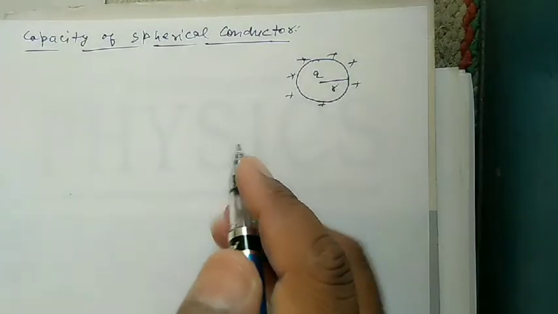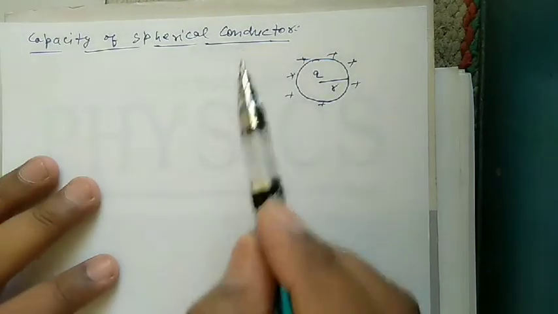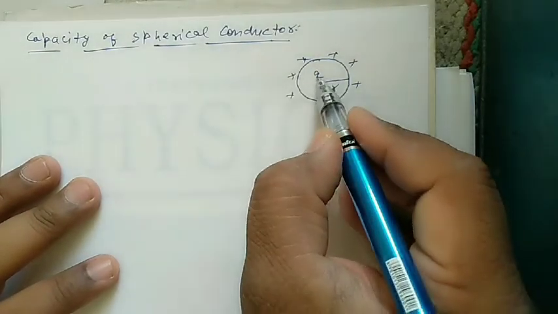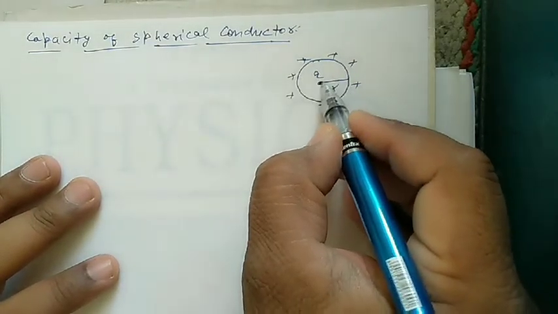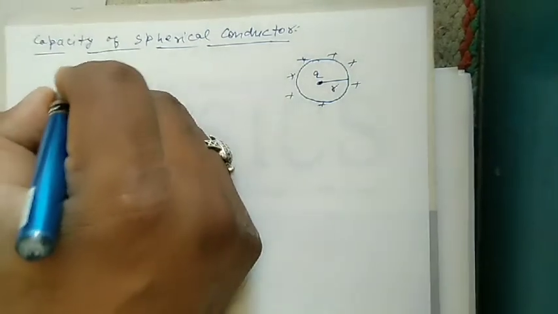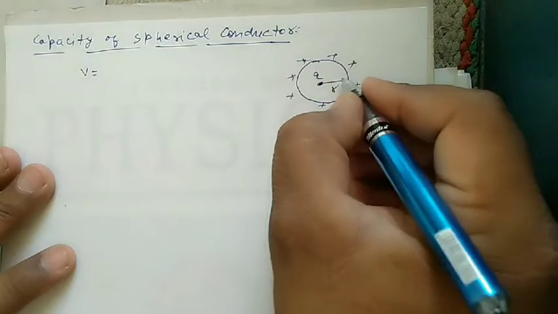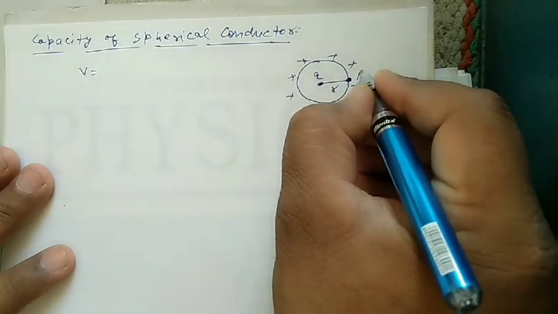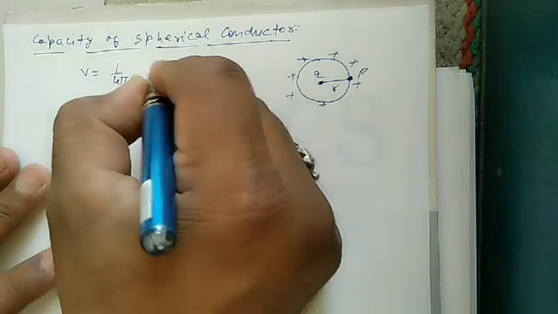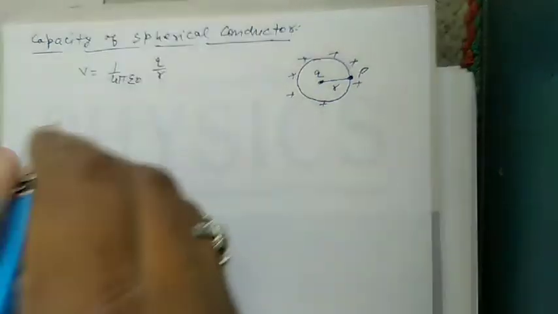Next topic is capacity of spherical conductor. This is spherical conductor having charge Q. Let R be the radius of spherical conductor. Now we know the potential at this point P. Potential is 1 by 4 pi epsilon 0 charge upon distance.